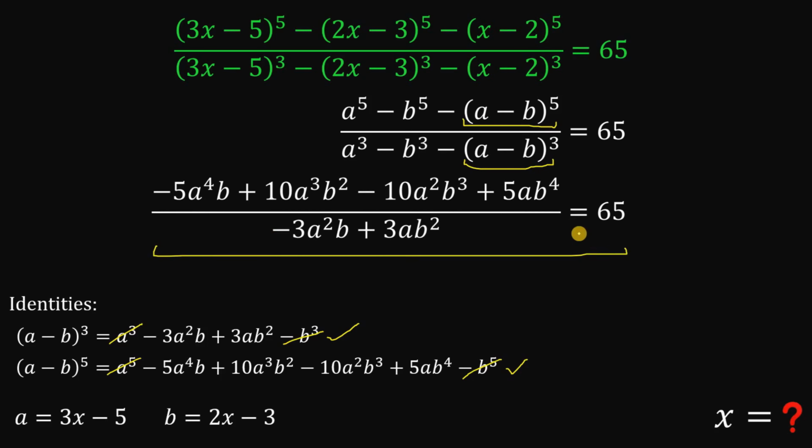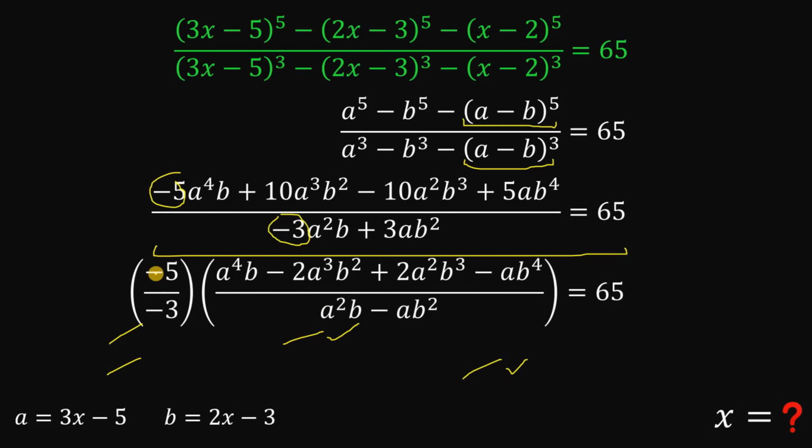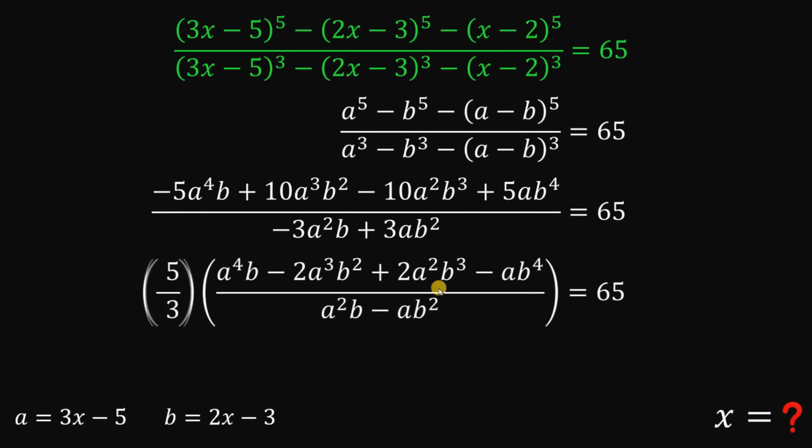And now, we are going to focus on this. On the left-hand side, let's factor out negative 5 on the numerator and negative 3 on the denominator. If we do that, we get something like this. So negative 5 factored out and negative 3 factored out. And negative 5 over negative 3 is just positive 5 over 3.